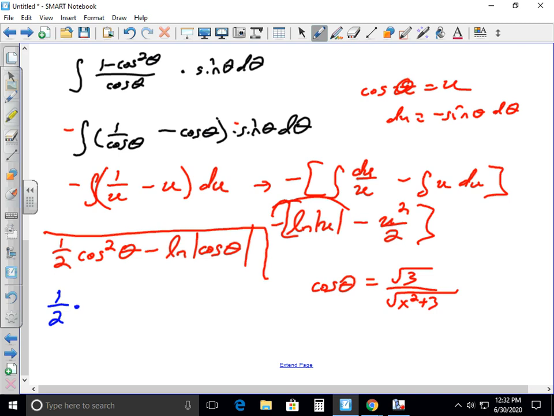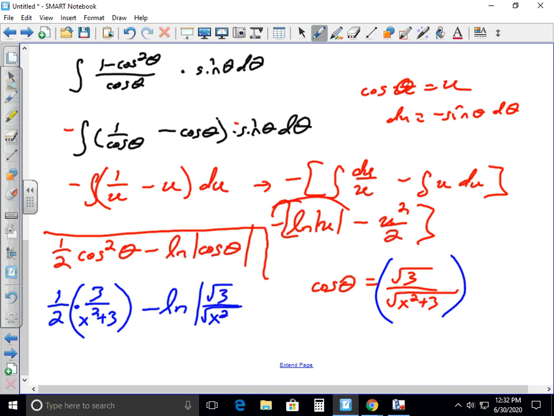Well, cosine squared will just be that fraction squared. And when you square a fraction, you square the top and you square the bottom. Cosine is root 3 over root x squared plus 3.